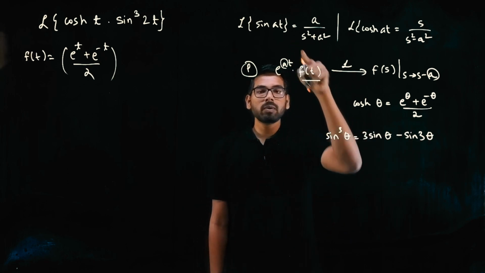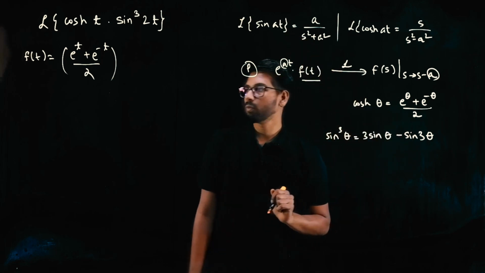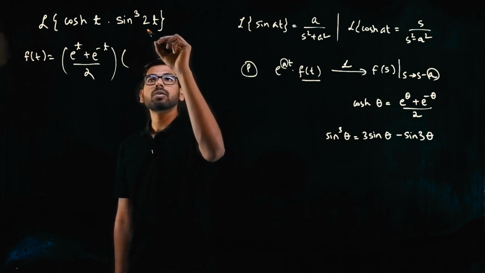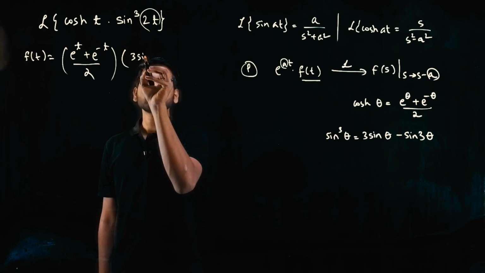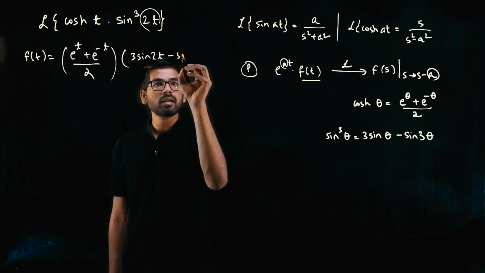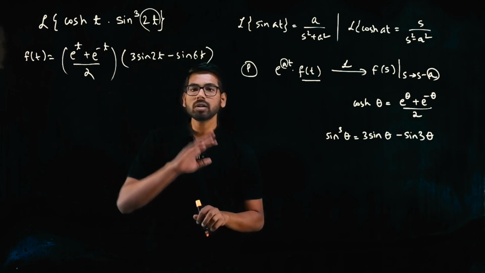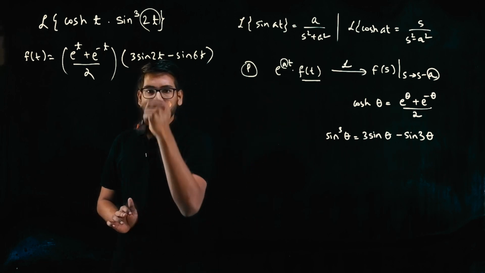Now I can apply this formula, where a is 1 in this case and a is 3 in this case. Multiplying this here, in place of theta I have 2t, so it will be 3 sine 2t minus sine 3 theta, meaning sine 3 into 2t, which is sine 6t. So this is what I get. Before applying this property, I will simplify this one more step.